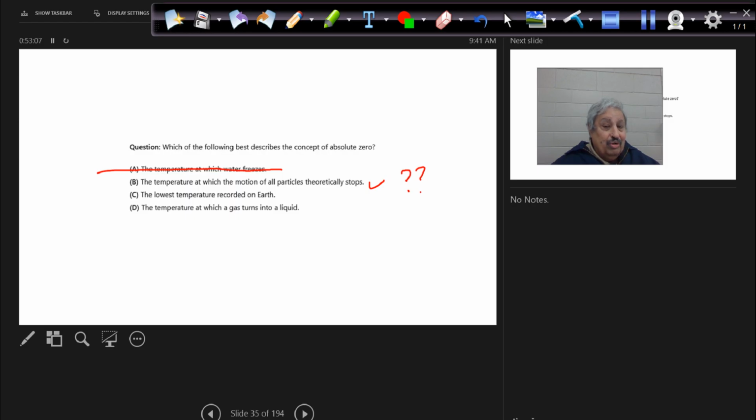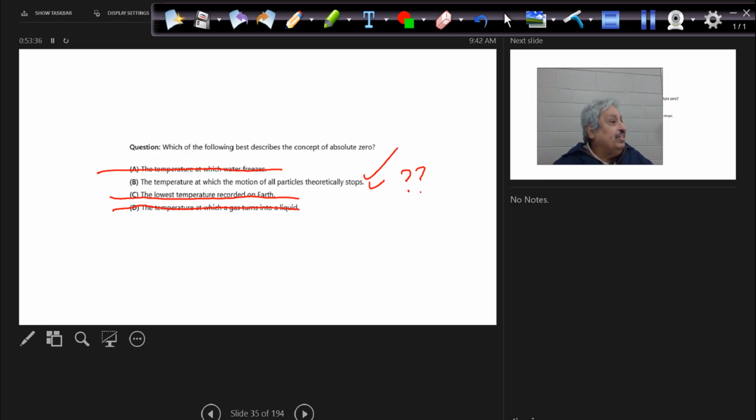There's no motion, nothing. The lowest temperature recorded on Earth? That's not true. The lowest is somewhere at the North Pole, minus 70-something degrees Celsius. So that's not correct. And the temperature at which a gas turns into a liquid? No. So then our option is correct.